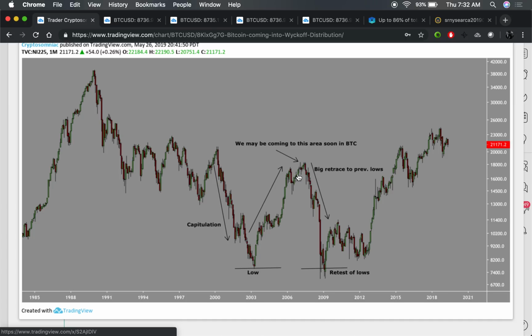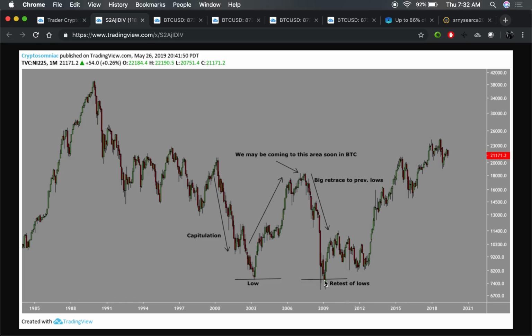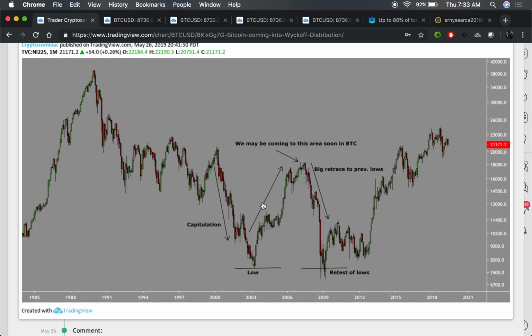They do tend to reverse at some point, go back to test previous lows, as you can see right there. Okay, so something like that. And then they have another few months of accumulation right there, and then a big rise back up, and then going beyond previous highs. Okay, but that takes a while. Okay, that was one comparison.